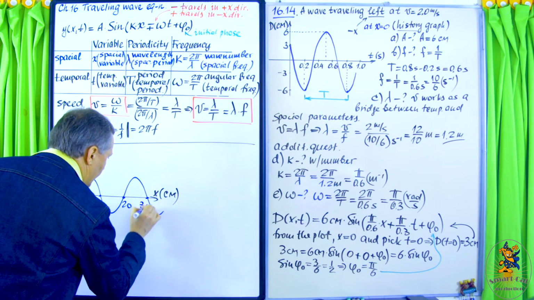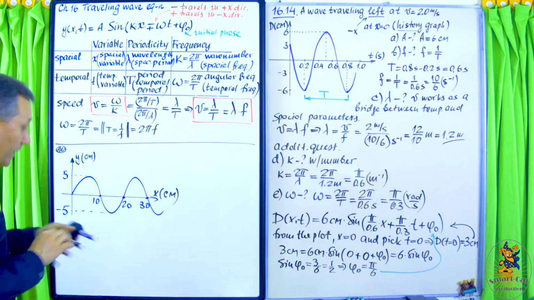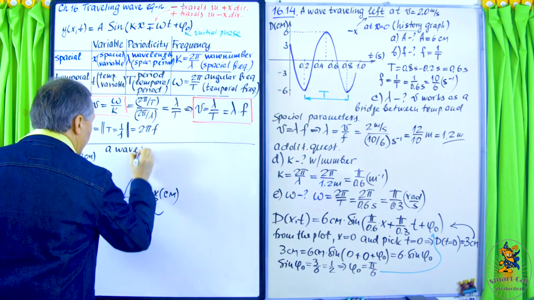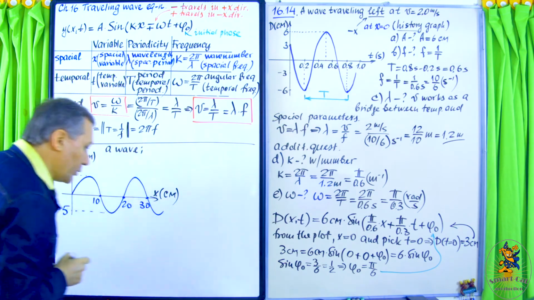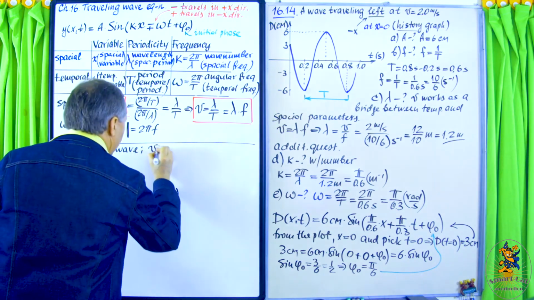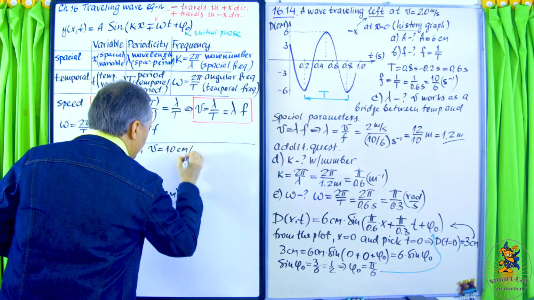And then 30. So the wave is given. And we also know that this wave propagates with the speed v equals 10 centimeters per second.